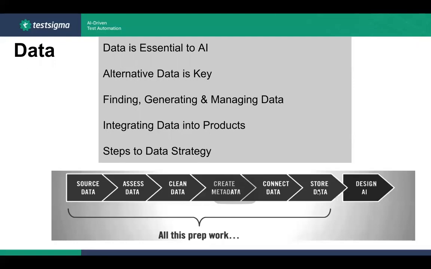I can't build a new search algorithm. I can't build a new search website and be as good as Google. I can have the best of engineers, but we can't do that. So the most important piece of the whole puzzle of using AI in applications, whether it's test automation or something else, is the kind of data that you're collecting. And the biggest point we need to understand is the kind of data that we need.